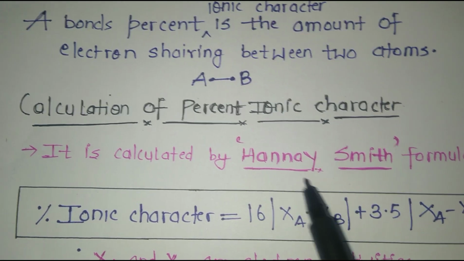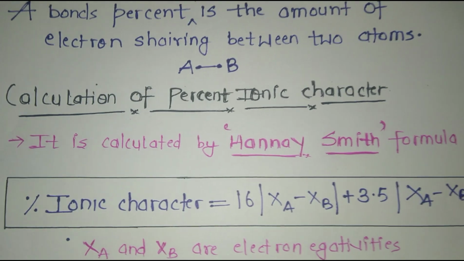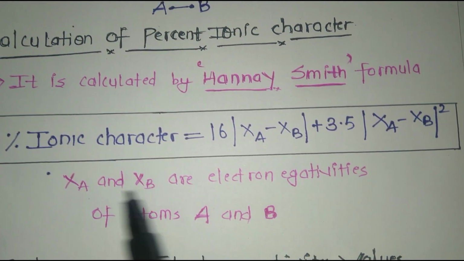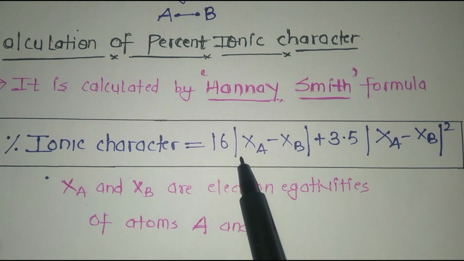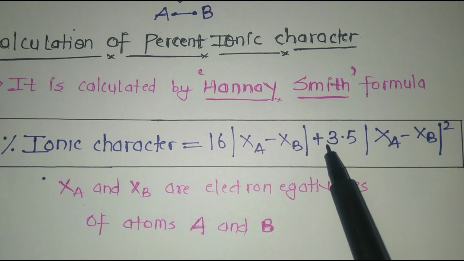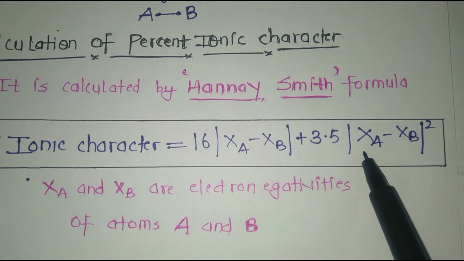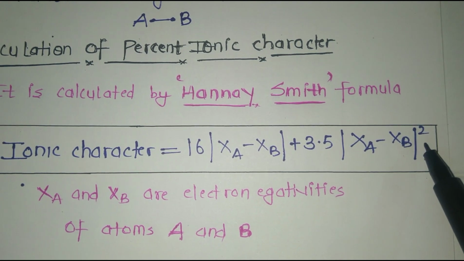Percent ionic character we can calculate with the help of the Hannay-Smith formula, and the Hannay-Smith formula is: percent ionic character = 16 |XA − XB| + 3.5 |XA − XB|².